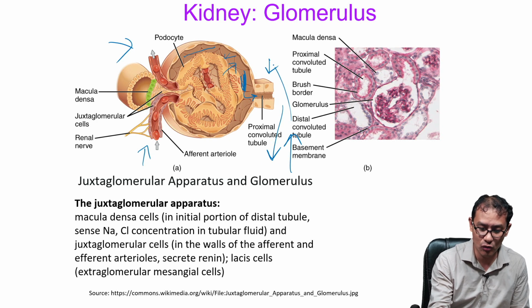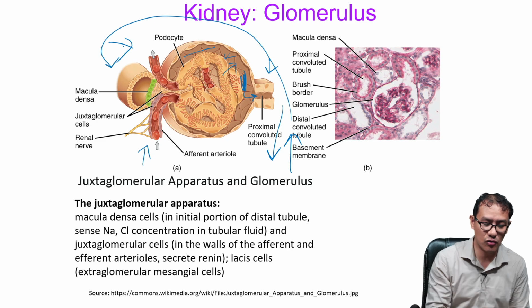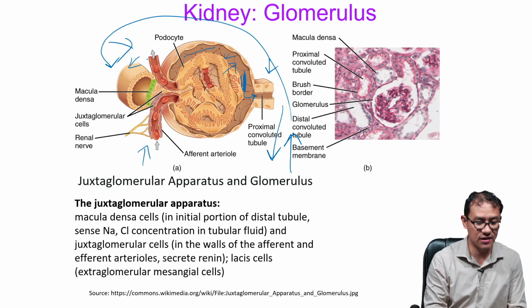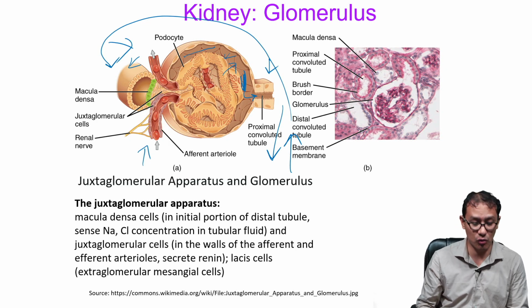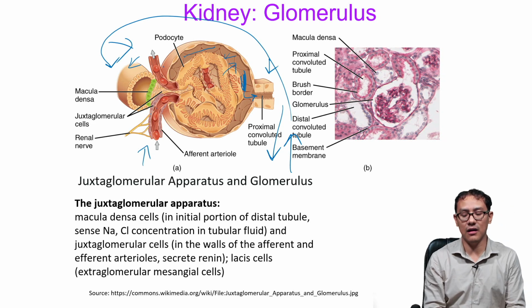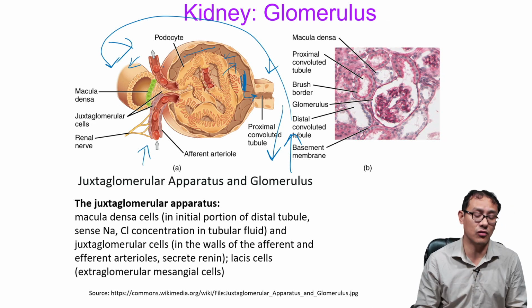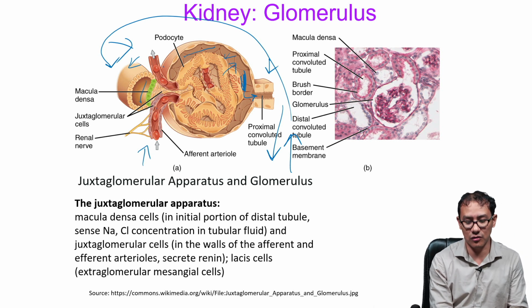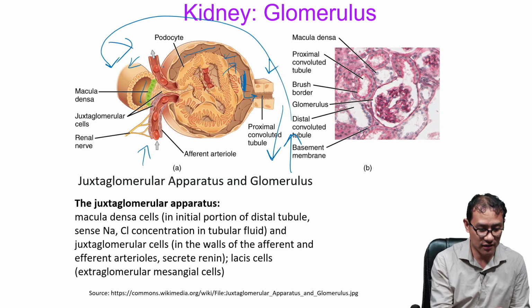This ascending loop of Henle will again come near the glomeruli, and this is the part of the DCT, the distal convoluted tubule. You can see that this part of the DCT lies near the efferent and afferent arterioles, and a specialized cell is present in that part of the distal tubule.